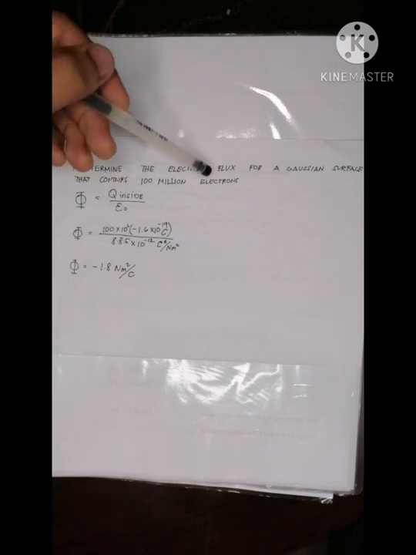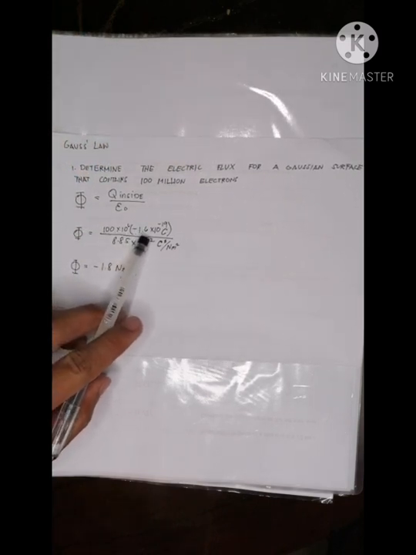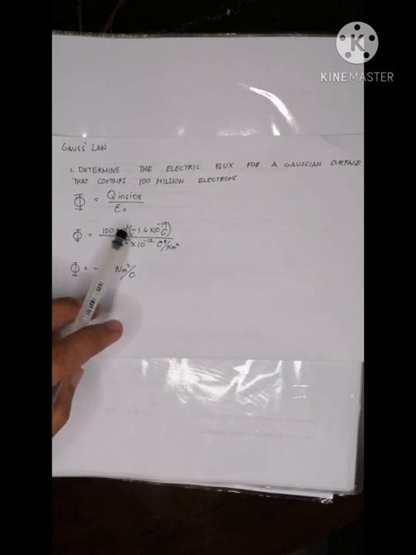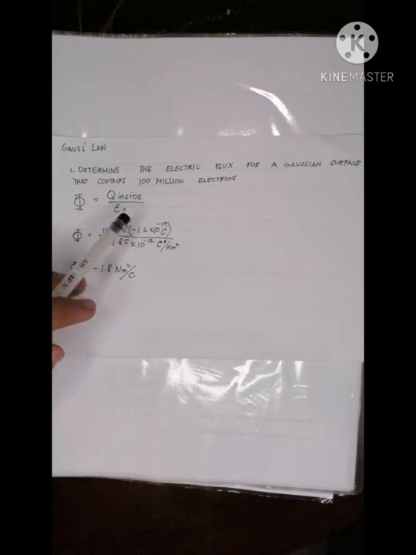And since the charges are electrons, it would be negative 0.6 times 10 to the power of negative 19 coulomb, the value of our charge, over the constant 8.85 times 10 to the power of negative 12 coulomb squared per Newton meter squared. When we solve this operation, it results in negative 1.8 Newton meter squared per coulomb.